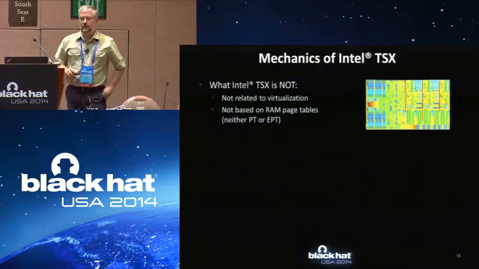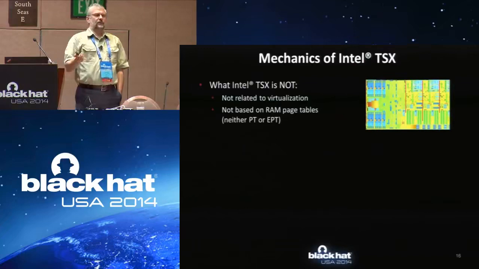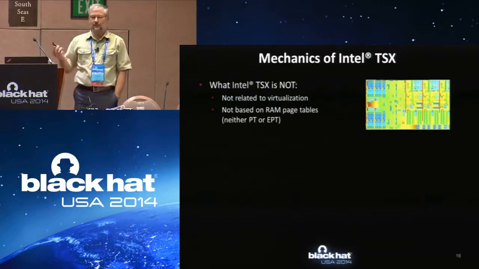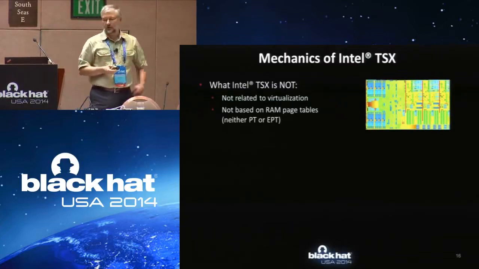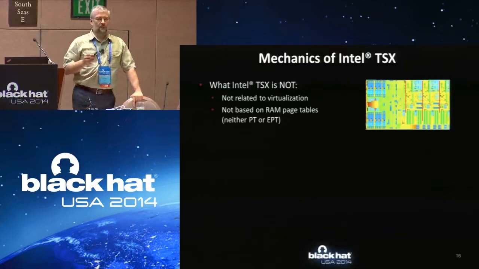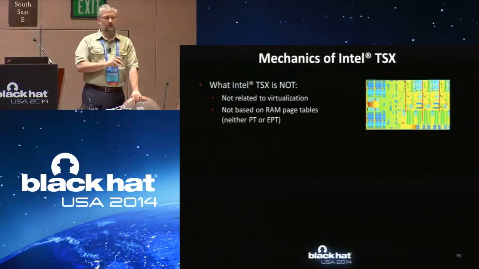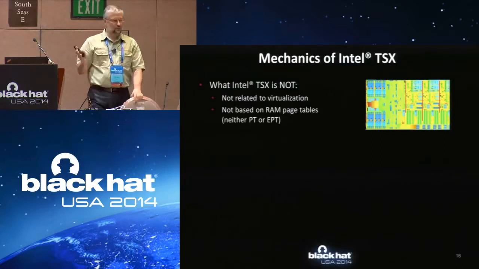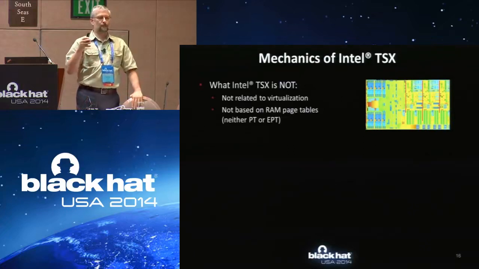The most common question about Intel TSX is, so what is that technology? Is it related to virtualization? Or maybe it's some variation of page protection technology. I wanted to state up front that Intel TSX is not related to virtualization at all. It has nothing to do with page tables. It's a completely new functionality in the CPU.